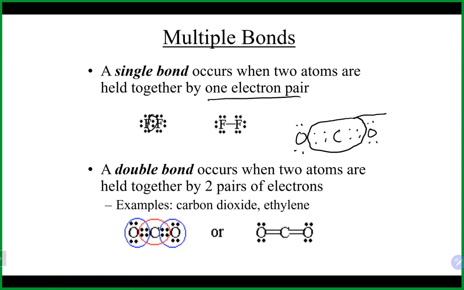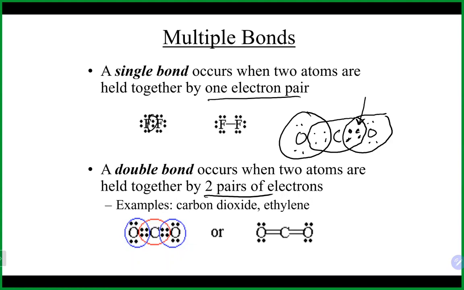And by making those double bonds, it allows each of the oxygens on the outside to also get to 8 electrons. So sometimes you can meet the octet rule by just making single bonds. Sometimes you do need to go to double bonds to meet the octet rule. And a double bond would represent, as I mentioned, 2 pairs of electrons, basically 4 electrons, as we see here. 1, 2, 3, and 4 individual electrons are 2 pairs.